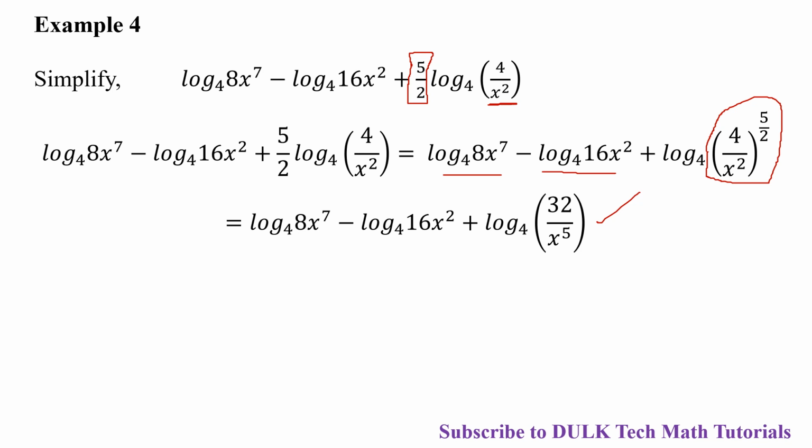Right, now that we are subtracting this one from the first one, then adding this one, we can now apply the laws of logarithms. When we are subtracting, we divide, and when we are adding, we multiply. So this last logarithm, log 32 over x to the power 5, is being added to log 8.